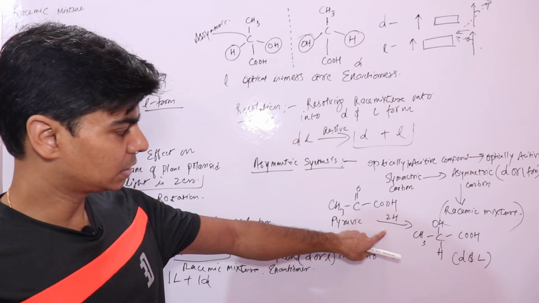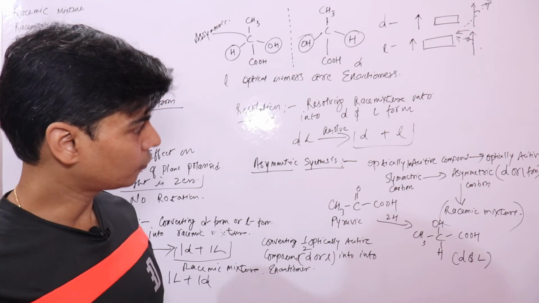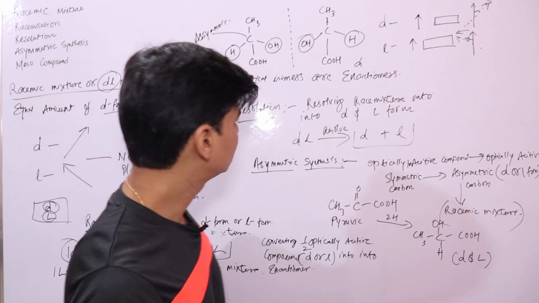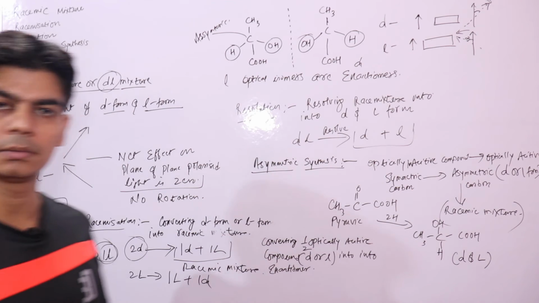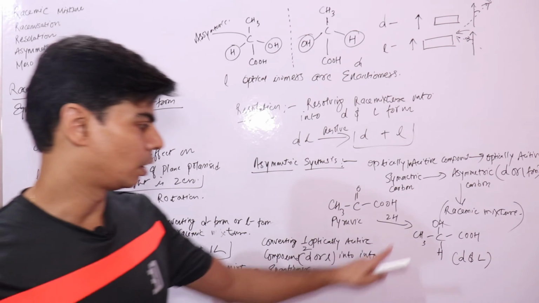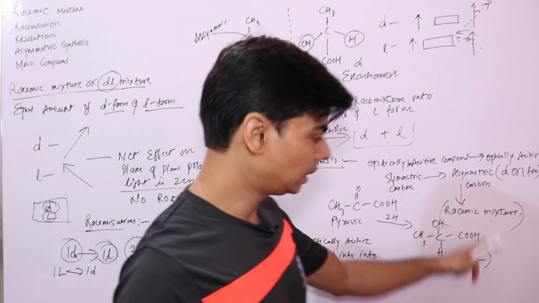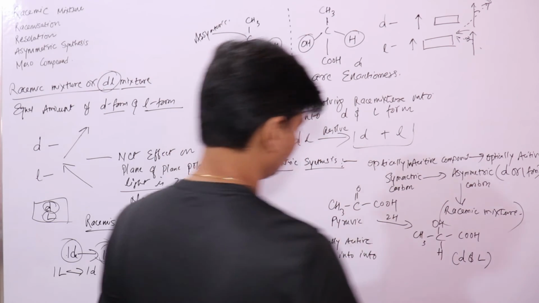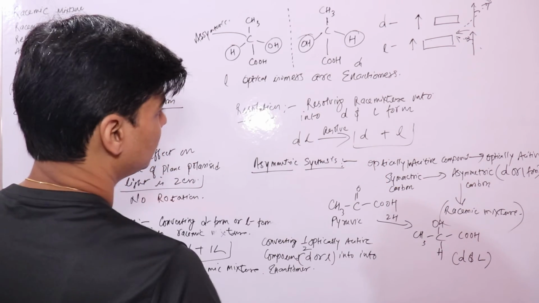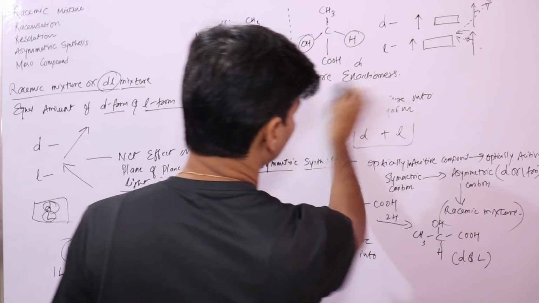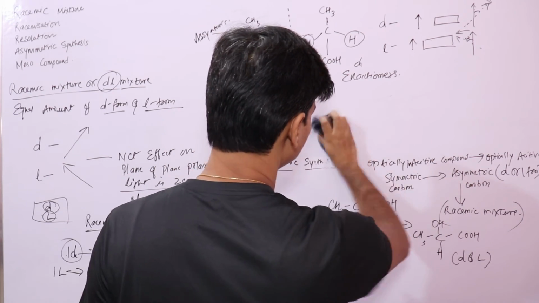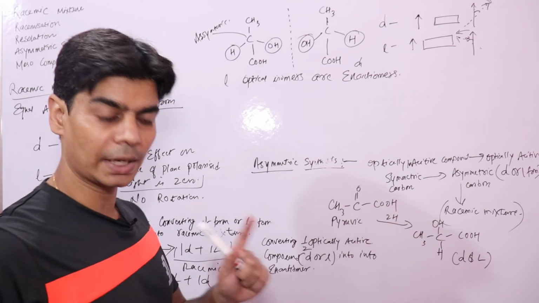So if I carry out this reaction in the presence of an optically active alcohol, I will get an L-lactic acid, right? Let me just rub this off. So we will carry out asymmetric synthesis in the presence of a chiral molecule.